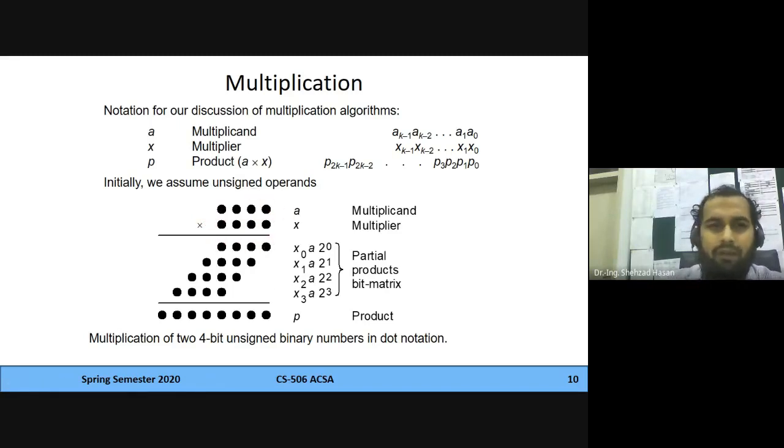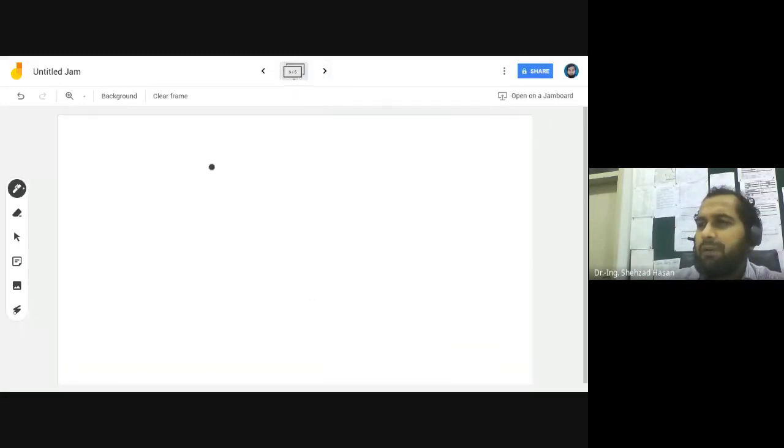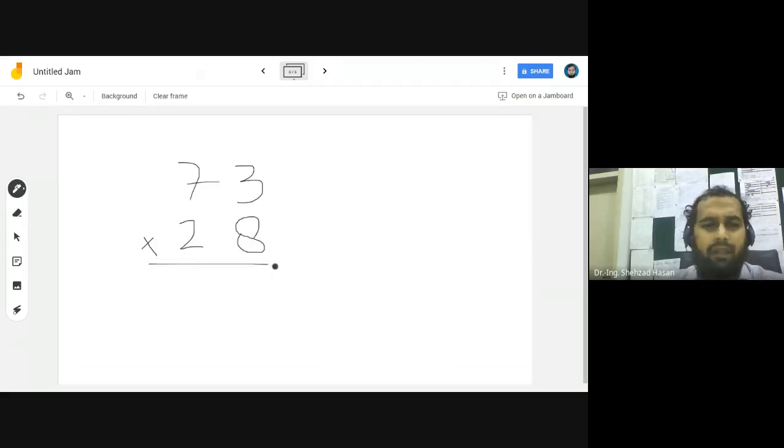Okay, so when we are multiplying two numbers, like 73 multiplied by, say, 28, what we do over here is multiply 8 with 3 and 8 with 7, and then 2 with 3 and 2 with 7.